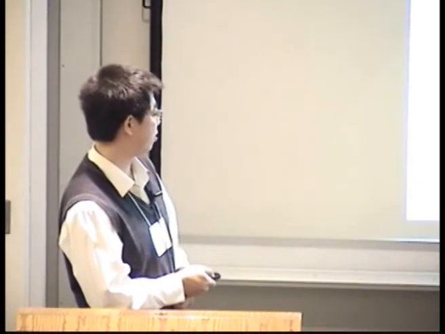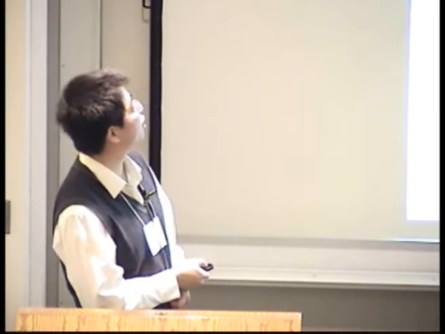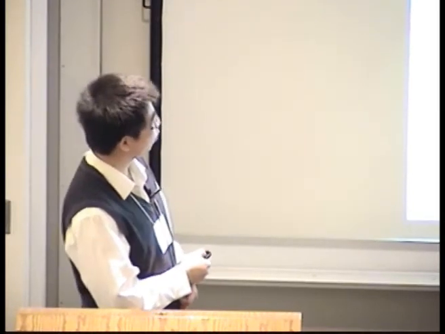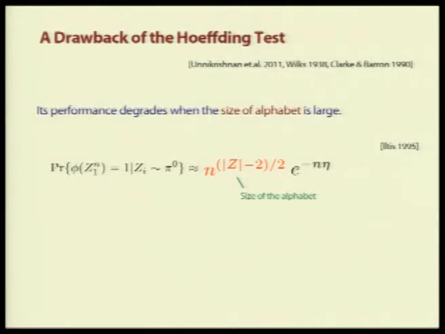Here, we're looking at a finite set. To make this concrete, if you look at the probability of false alarm, the actual behavior, you have to look at what's before the exponential decay term. It's n to the power of the size of the alphabet. So you can see that if this alphabet is huge, then you have a problem with your test.